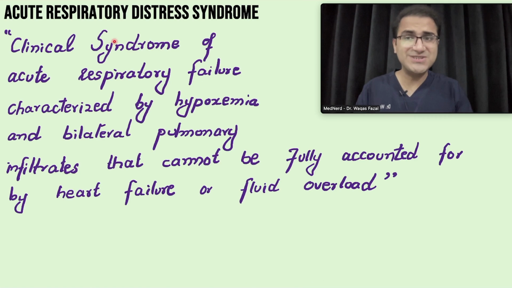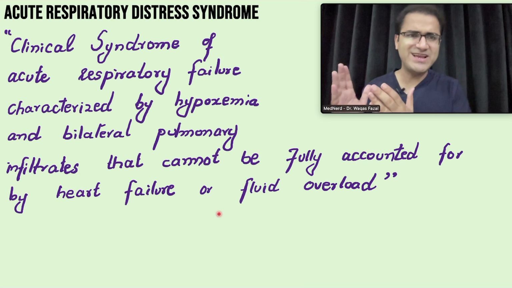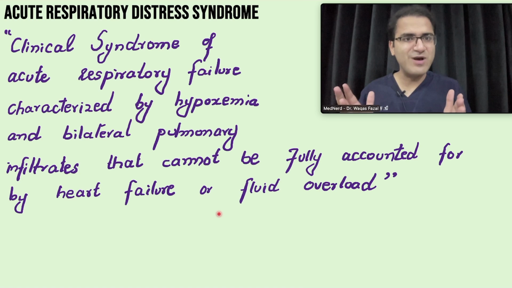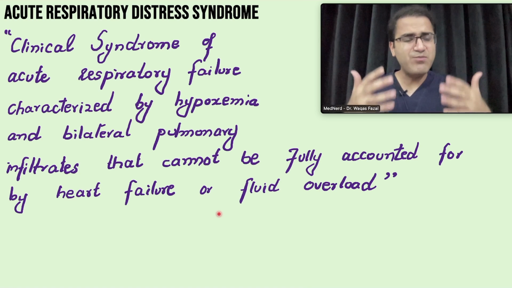Acute respiratory distress syndrome is a clinical syndrome of acute respiratory failure characterized by hypoxemia and by bilateral pulmonary infiltrates that cannot be explained by heart failure or fluid overload. The patient was not having any heart failure, the patient was not in fluid overload, the patient was doing well, but all of a sudden she developed severe sudden onset hypoxemia.